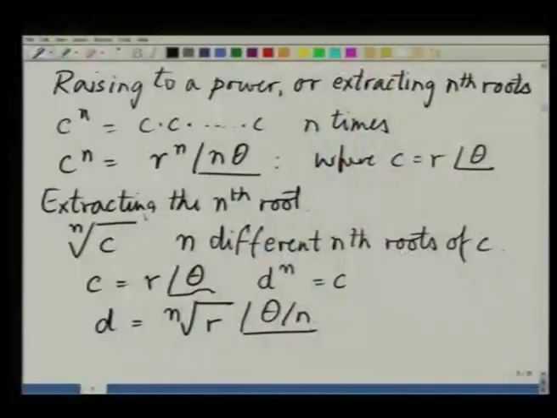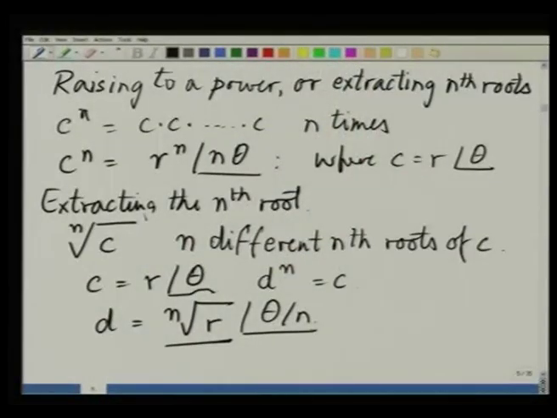We are not concerned with complex numbers or negative numbers at this stage, because the magnitude of a complex number is always non-negative, so this has to be the non-negative nth root, and finding theta by n also should be no problem. However, this is just one of the n different nth roots of c. What about the remaining roots?